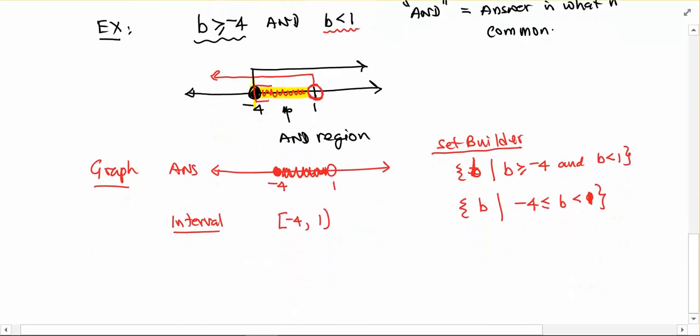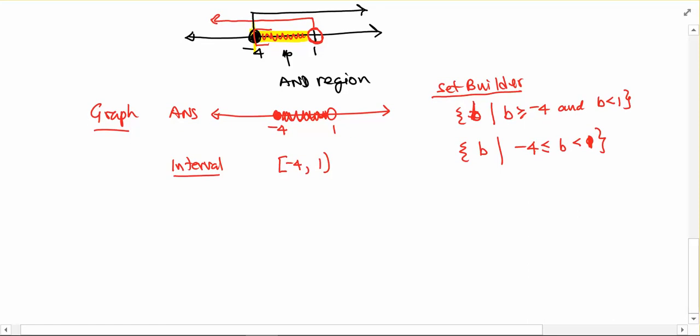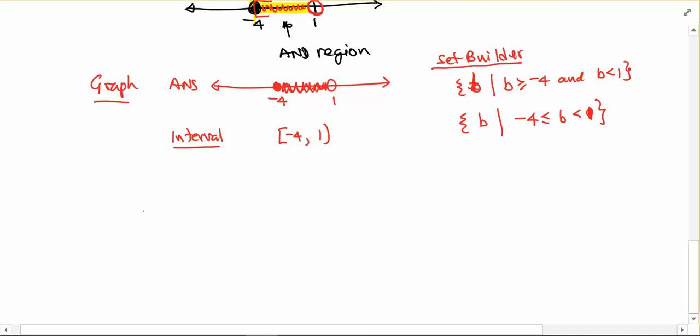Both areas put together. Now, there are two interesting situations for both AND and OR. So here it is. Let's say you had an example where you had b less than or equal to 1 or b greater than or equal to -1.